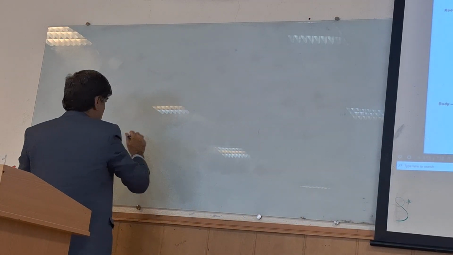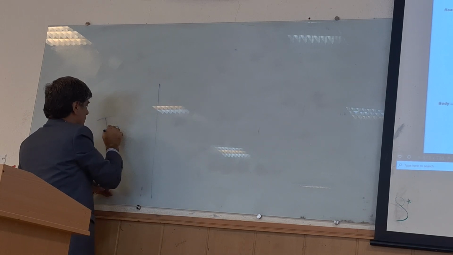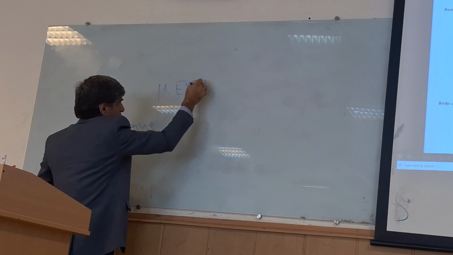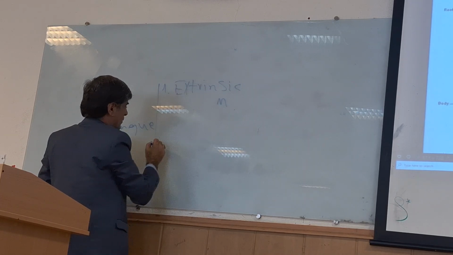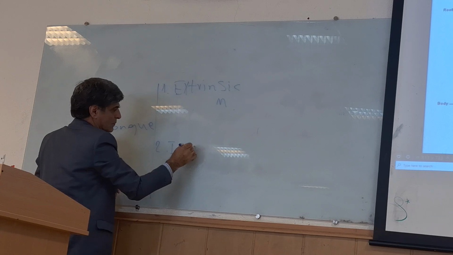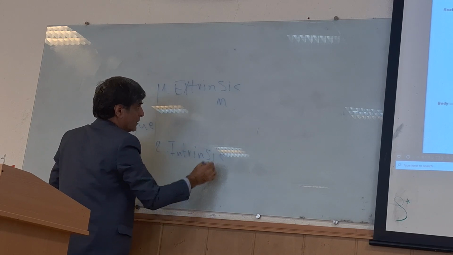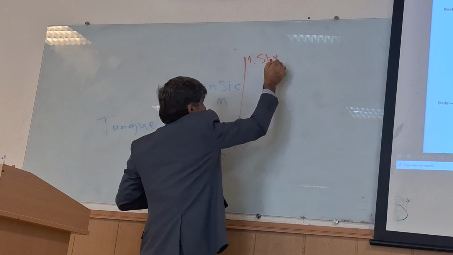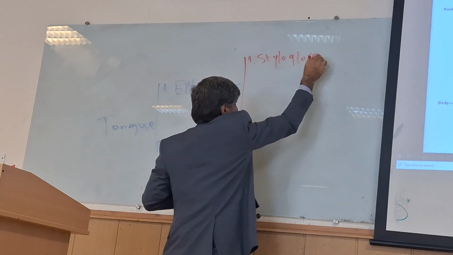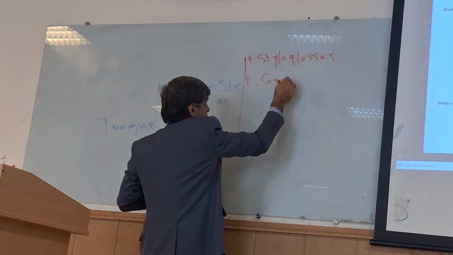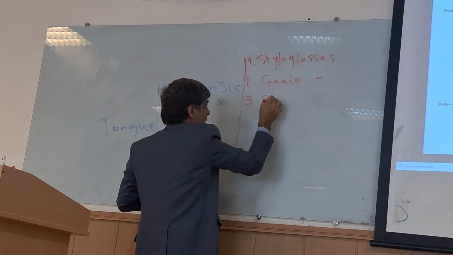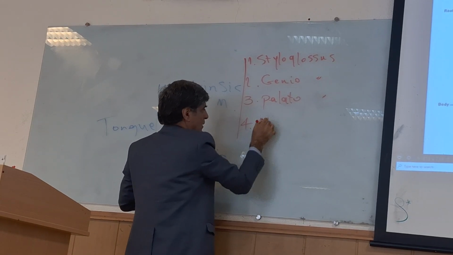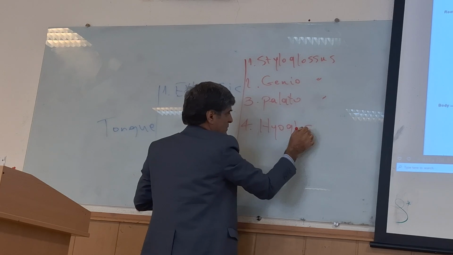Extrinsic muscles: 1, styloglossus, 2, genioglossus, 3, palatoglossus, 4, hyoglossus.